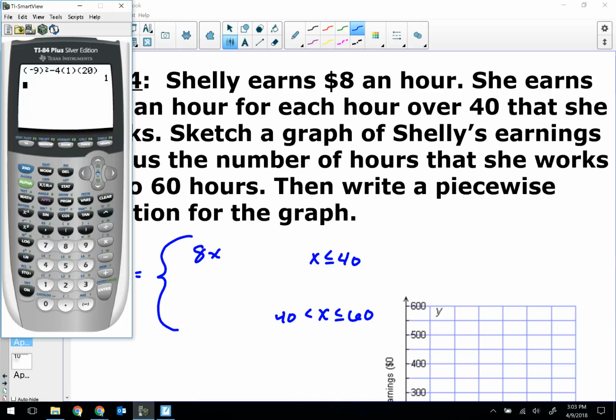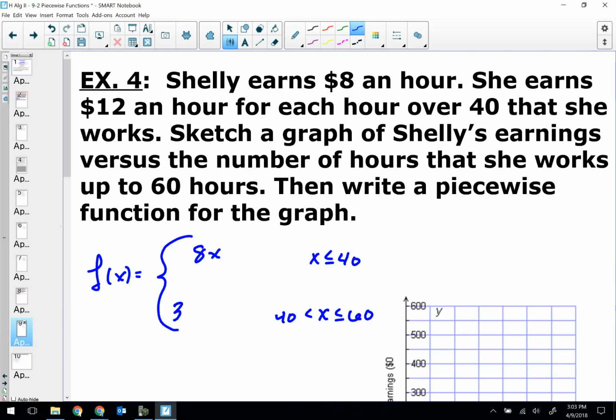Think about it: how much do I make if I make $8 an hour times 40? $320. So in addition to that $320, I'm going to make $12 for every hour over 40 that I work.